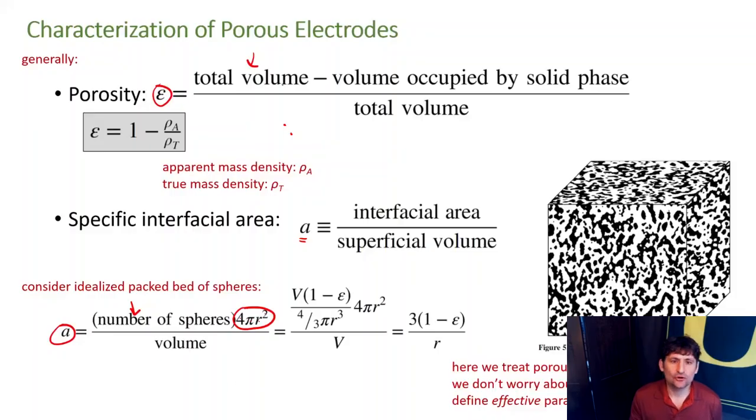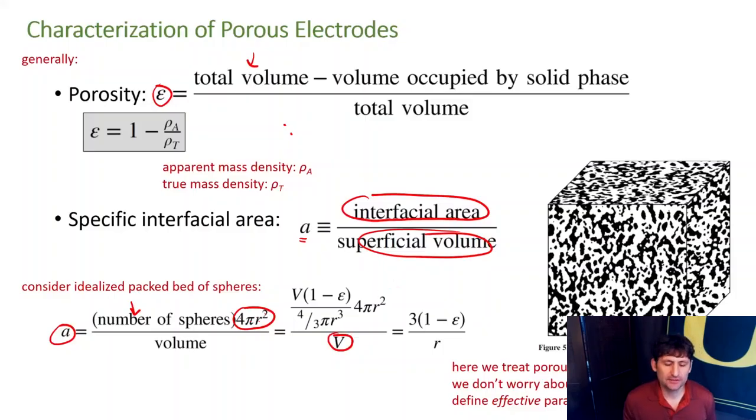And you take that total area, the total interfacial area, and you divide by the total volume of the solid. So we can define that as V, total volume, and we can calculate the number of spheres by taking that total volume and multiplying it by the fraction that is solid. Okay, this is the fraction solid.